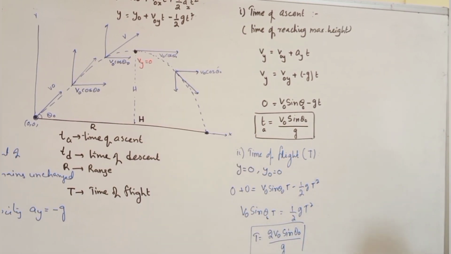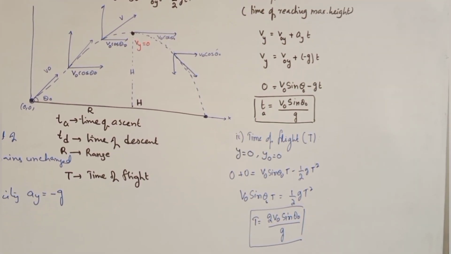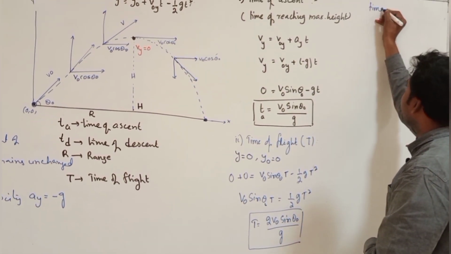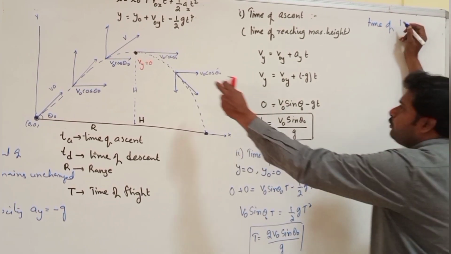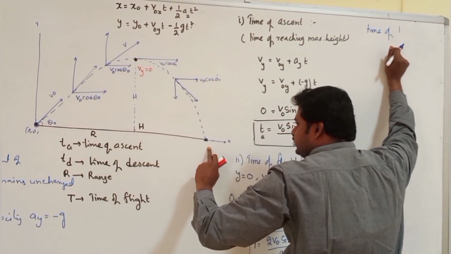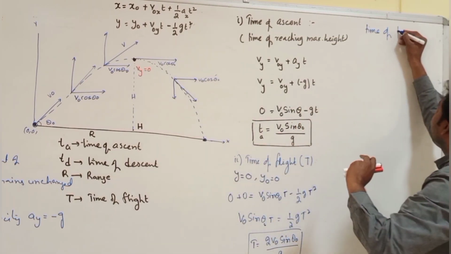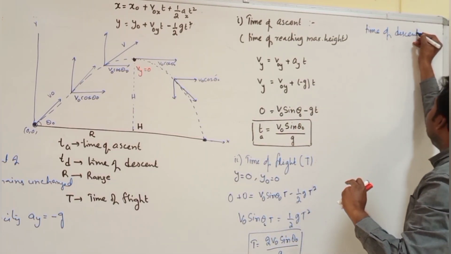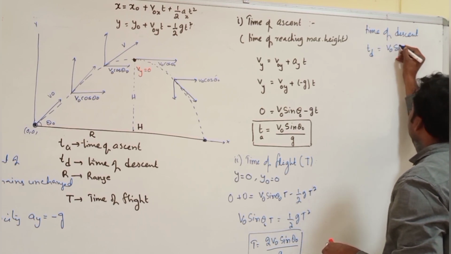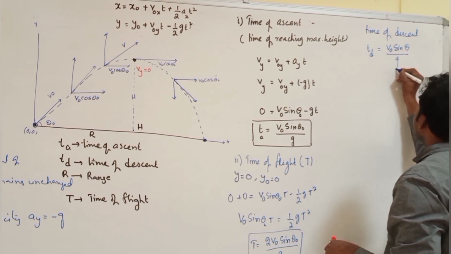So what you can conclude from this, actually you can also represent a time of descent, the time that has been taken from maximum height to this point. Time of descent is again equal to v naught sin theta by g.